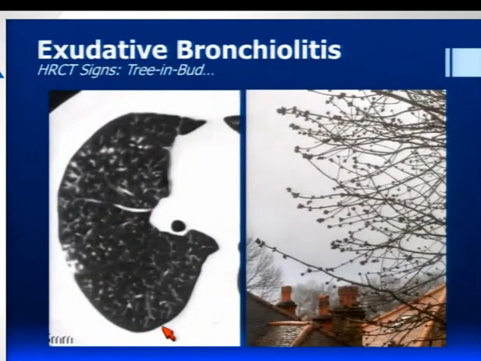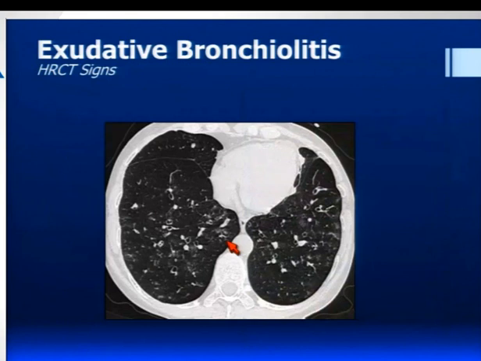This is the classical description, and I'm sure if you've been to other lectures on the chest, you will have seen endless pictures of a tree in bud shown on your right-hand side, and then the CT manifestation of that tree in bud pattern. Once you've seen a few cases, not that difficult to recognize, but it's manifest by these very exquisite branching opacities, which may be either V-shaped, Y-shaped, or in full bloom, as shown on this CT section.